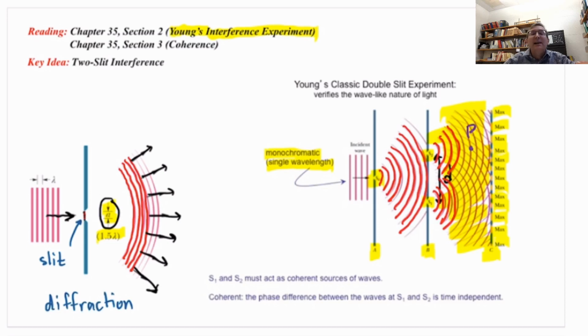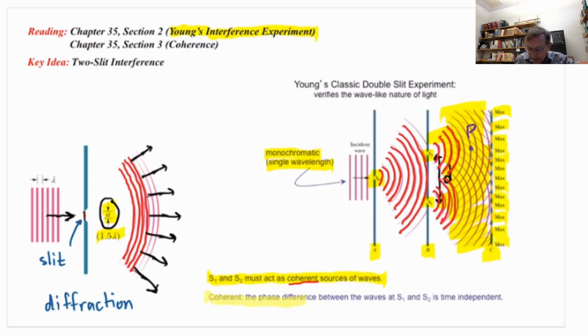Now, there is one technicality I will mention here about doing this experiment, which is one of the reasons it was very difficult to do. The two little narrow slits in screen B, the slits labeled S1 and S2, act as sources of light. And it must be the case that S1 and S2 act as what are called coherent sources of the light waves. What does that word coherent mean?